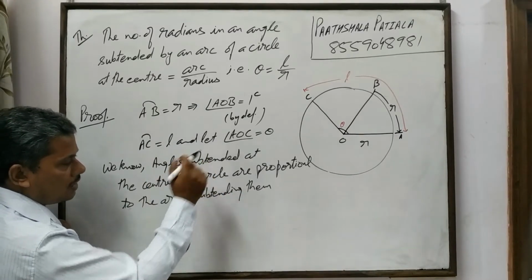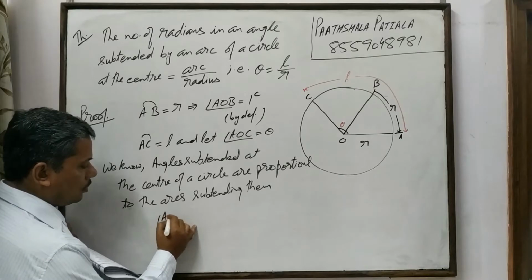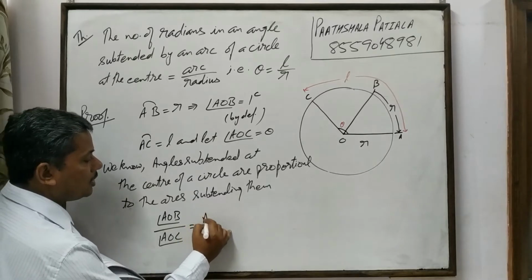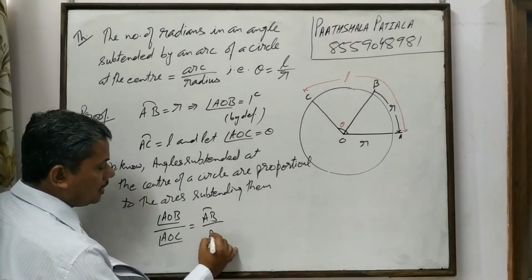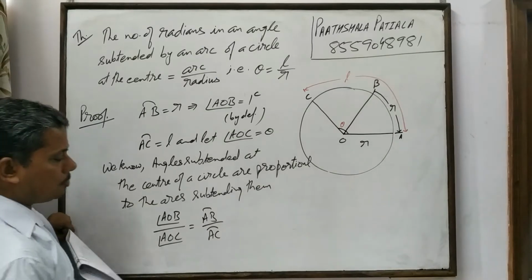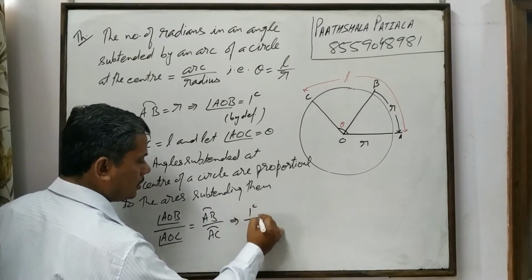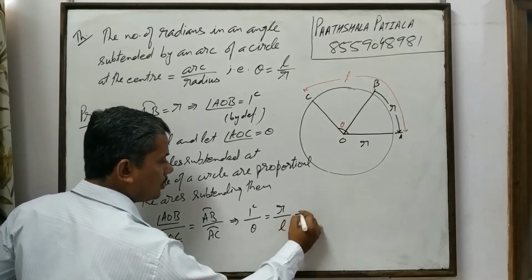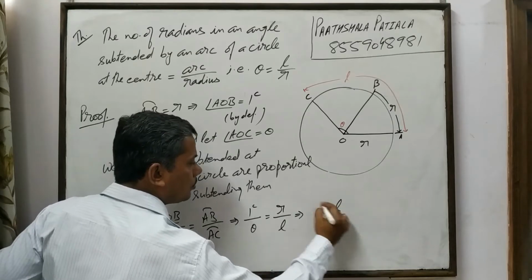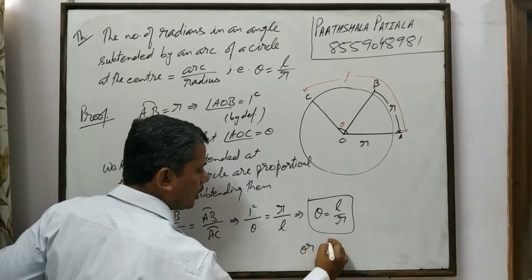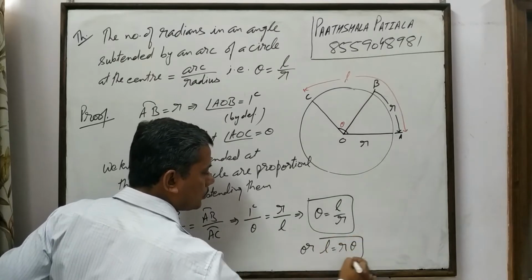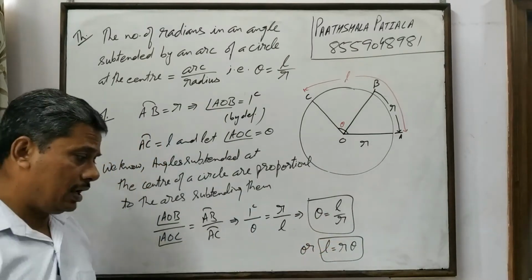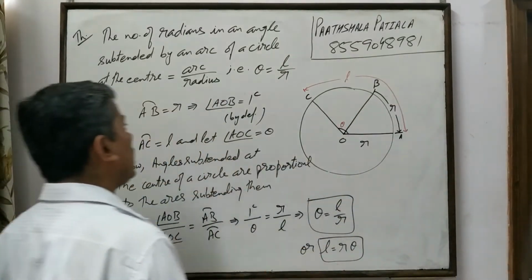Angles subtended at the center means angle AOB upon angle AOC. Angle AOB is subtended by arc AB and angle AOC is subtended by arc AC. So they are proportional, which implies 1 radian upon theta is equal to the length of arc AB upon arc AC, that is R upon L. This implies theta is equal to L upon R, or L is equal to R theta. So we have reached the result theta is equal to L upon R or L is equal to R theta.